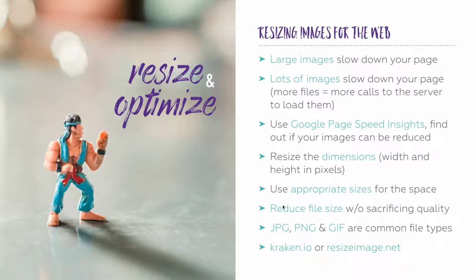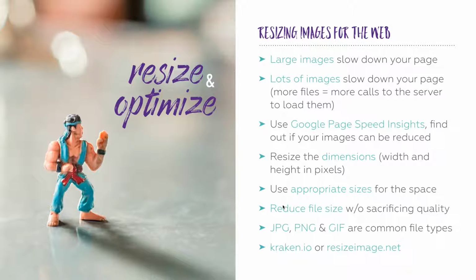If you were to compare a photo or something you would print, typically we're looking at 300 dots per inch. That's much higher than the quality you get on any kind of screen or a website. Typically, websites have images around 72 dots per inch or 72 pixels per inch.